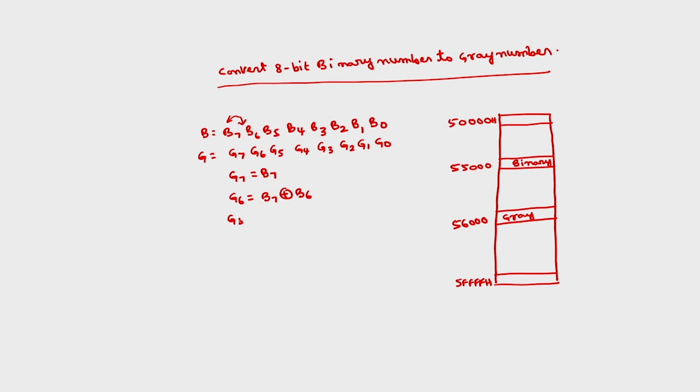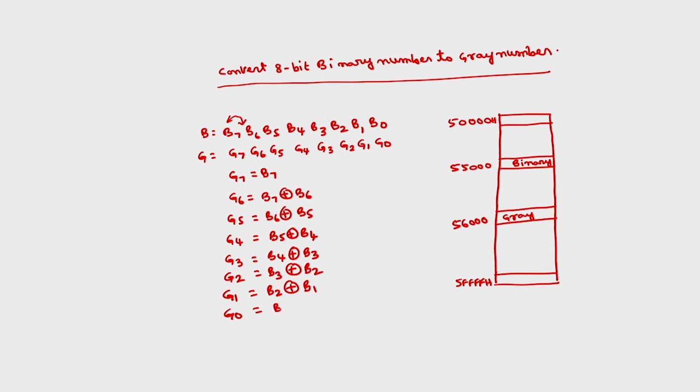Similarly, G5 is exclusive OR of B6 and B5, and so on: B5 and B4, G3 is B4, B3, G2 is B3, B2, G1 is B2, B1, G0 is B1, B0.